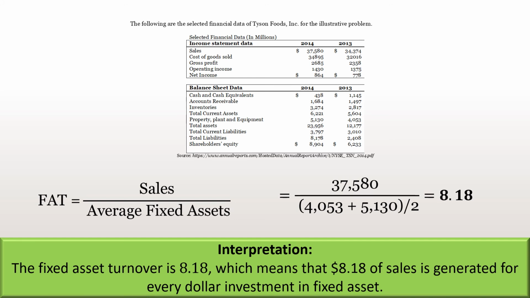Thus, the fixed asset turnover is 8.18, which means that 8.18 of sales is generated for every dollar invested in fixed assets.